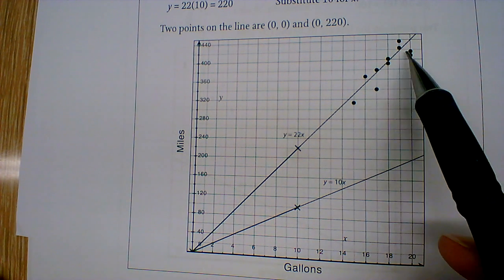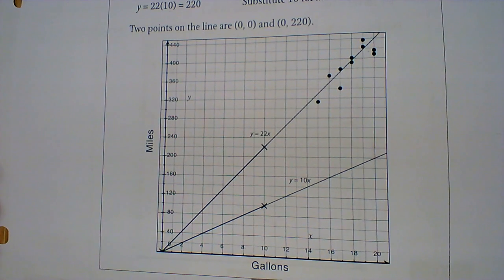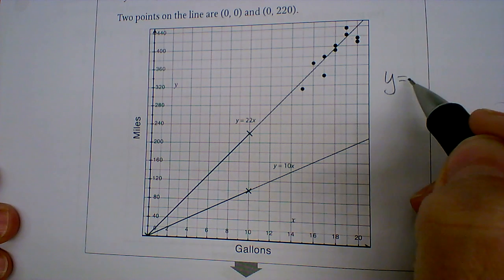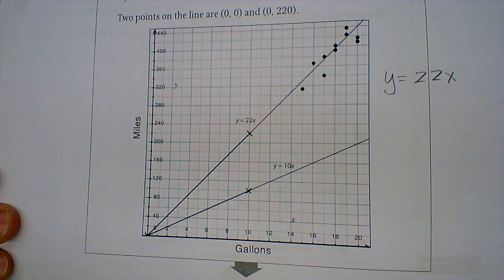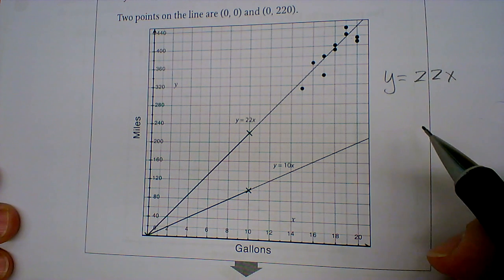And you can see that this line is a much better fit because it seems to go nicely through the data points. And when we're looking at the slope of a line, if our equation is y equals 22x, that means our slope is 22.